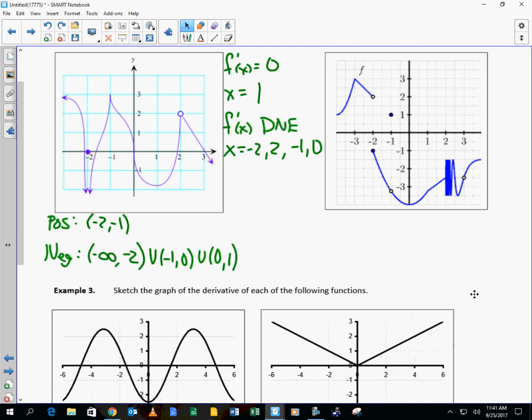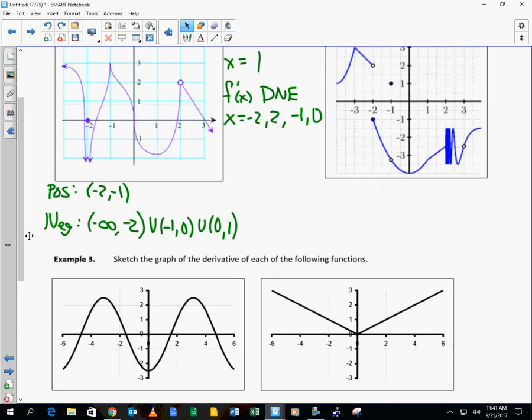Okay, let's finish this off. The interval from 0 to 1 is negative as well. How about the interval from 1 to 2? Positive. And then the interval from 2 to infinity would be, yeah. So we should be able to look at a graph and identify where the derivative is positive, where the derivative is negative, where the derivative is 0, and where it does not exist.